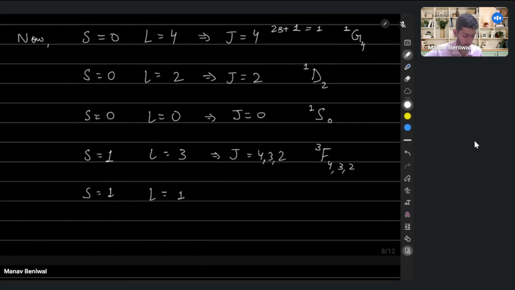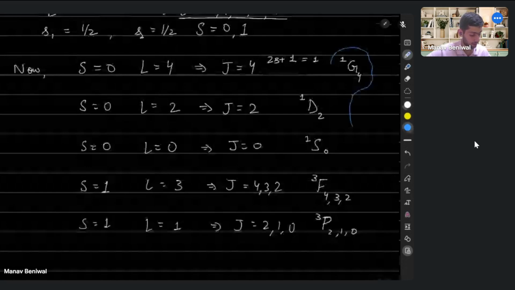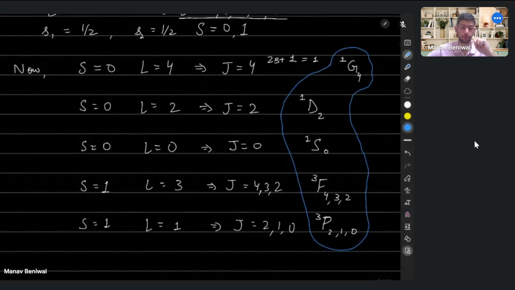Because now the multiplicity is 3, this will be 3F4, 3F3, 3F2. Again, when L is 1, it is P, and J can have 2, 1, 0. These are the possible spectroscopic terms for the d2 electrons.